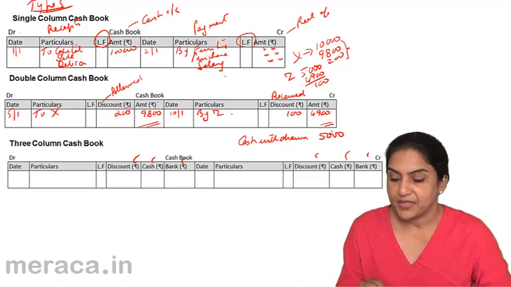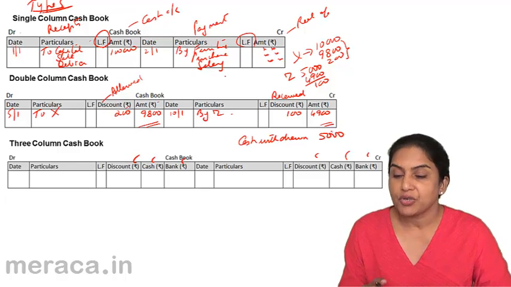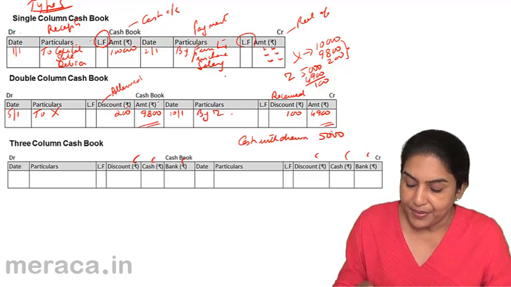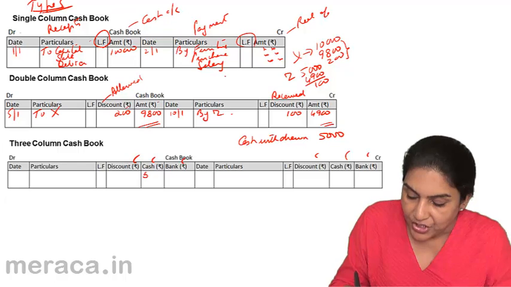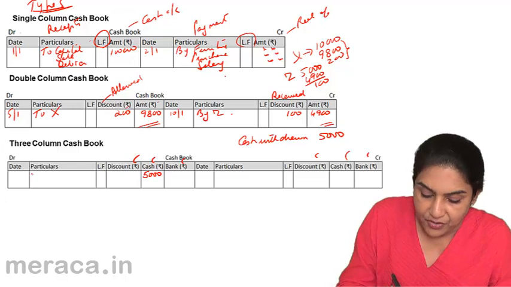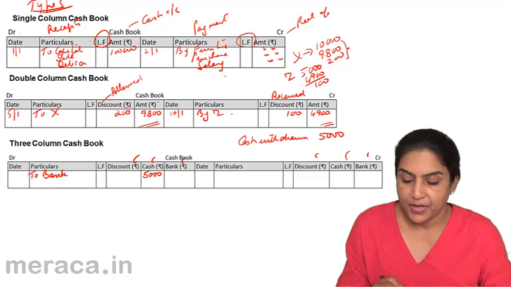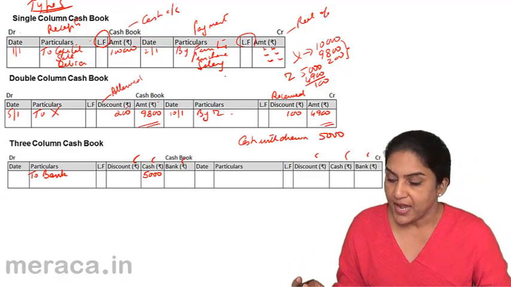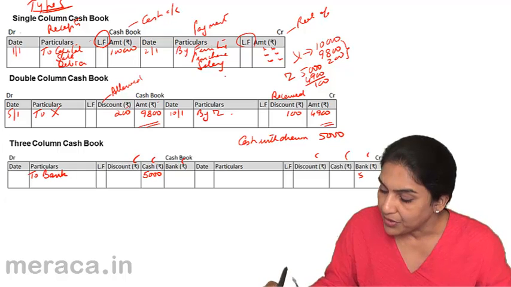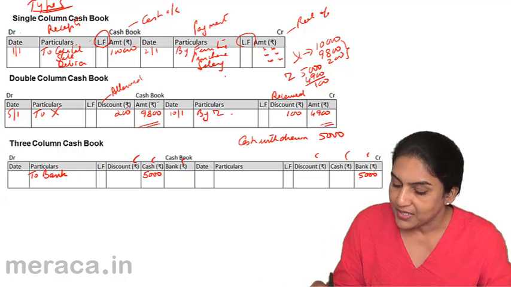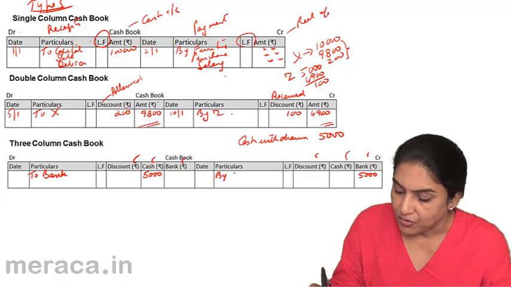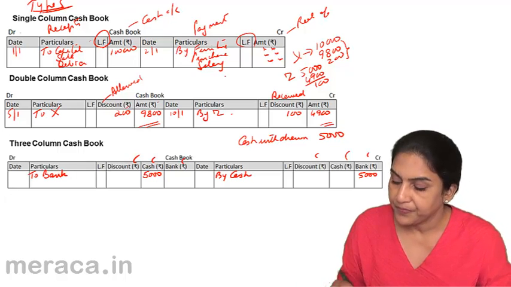How would we pass this entry? Cash account is debited. So on the debit side, we go to the cash column, enter 5,000 and say this is on account of bank. We come to the credit side and say since bank has come down, on the credit side of bank we enter this and we say it's on account of cash.